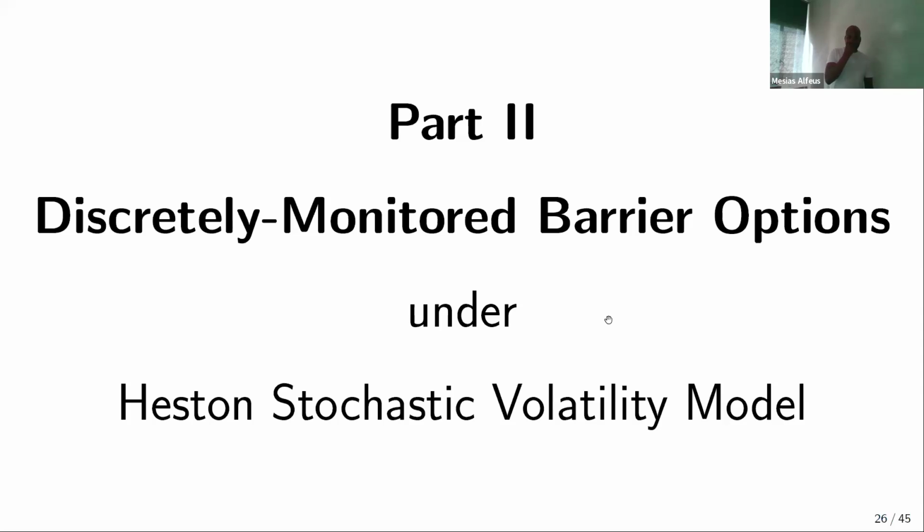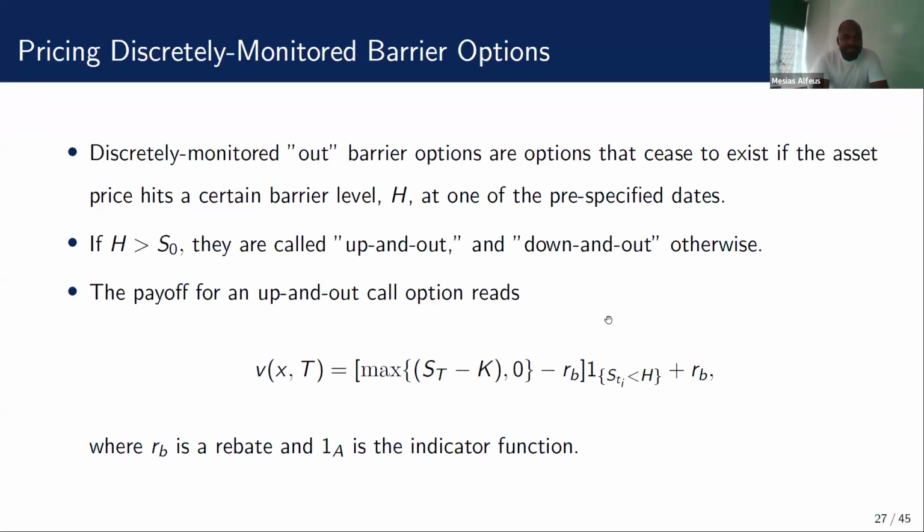So now the second part: discretely monitored barrier options under the Heston stochastic volatility model. So how do we price discretely monitored barrier options? Or what are they even?